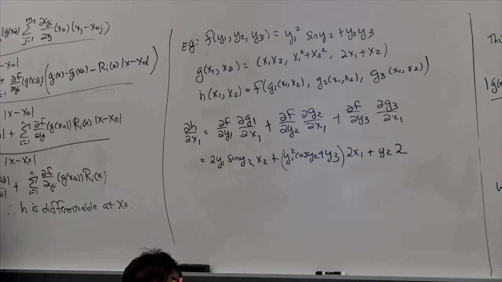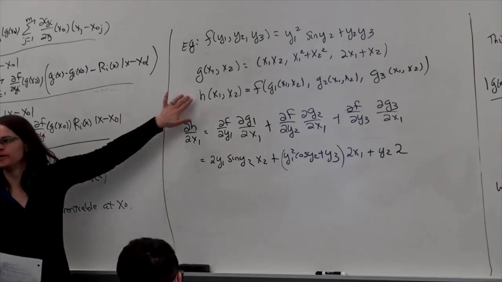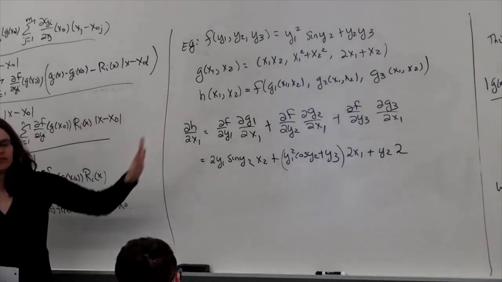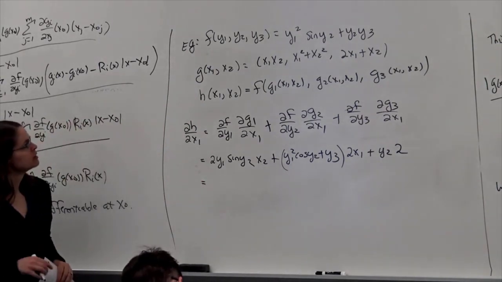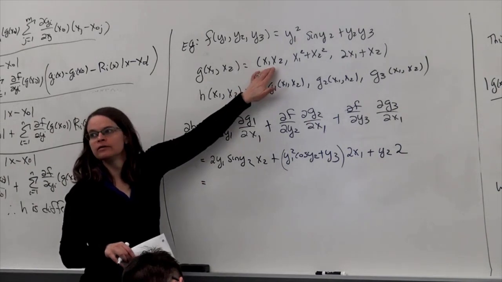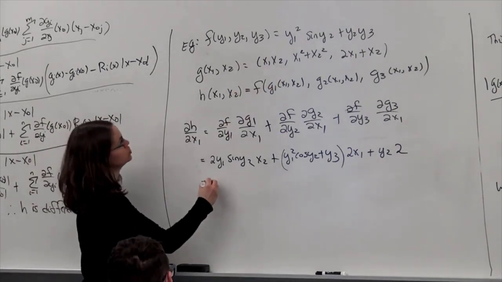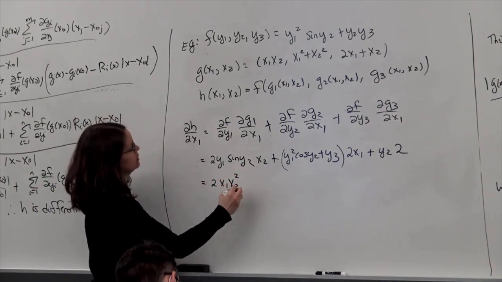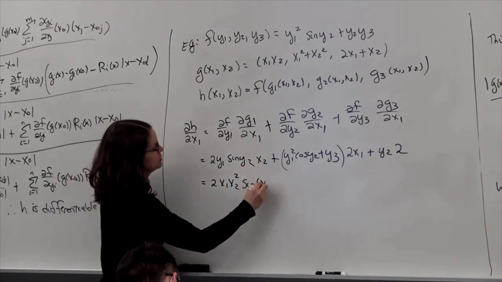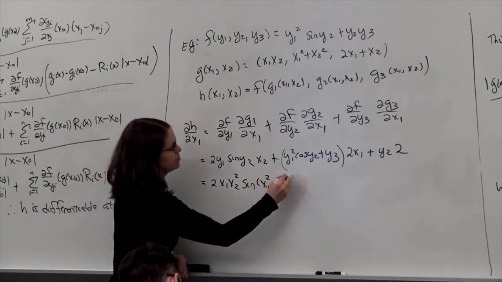Right, and then we remember, well, now I've got a mix of x's and y's through here. My function h is supposed to be a function of x's at the end of the day. So then I say, well, let's get rid of these y's. y1 is the first component of g. So 2x1 x2, there's another x2 here, times sine of y2, which is x1 squared plus x2 squared.